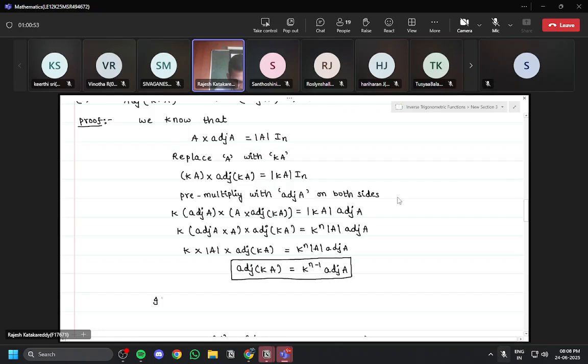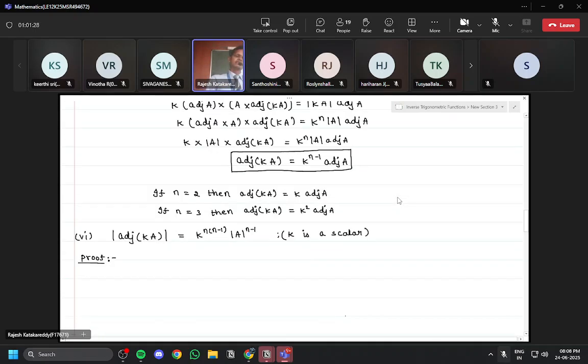Now, a special case we can write here. If n is equal to 2, then adjoint of KA is equal to K into adjoint A. If n is equal to 3, then adjoint of KA will be equal to K square into adjoint A. Right?